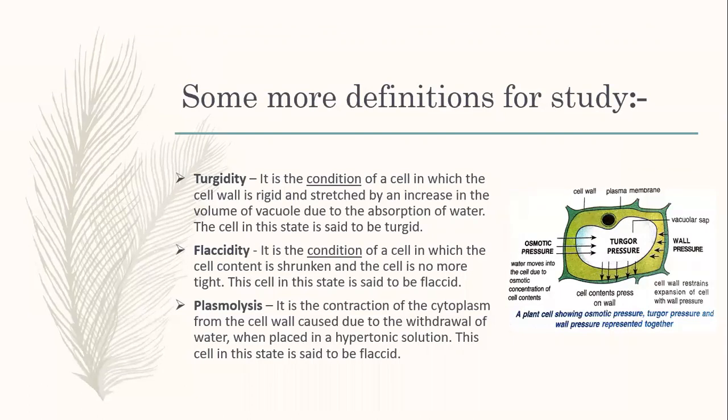The pressure exerted by the cell wall on the cell content is the wall pressure. If the cell wall is unable to bear the turgor pressure, it ruptures and the cell content bursts out. This is exactly what happens when fruits and vegetables sometimes burst.